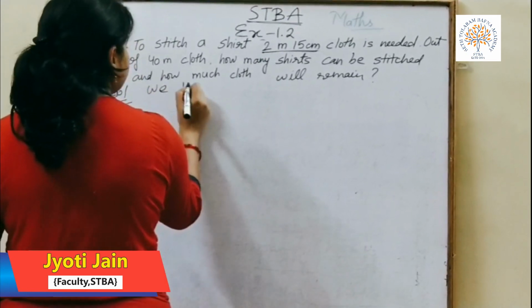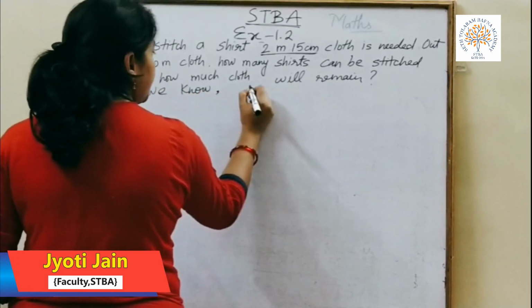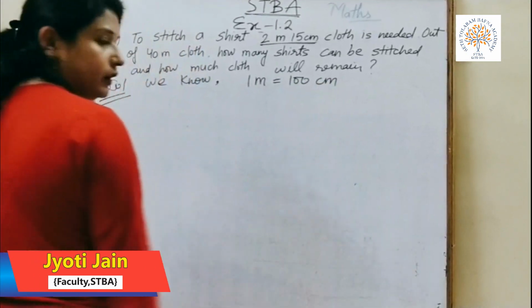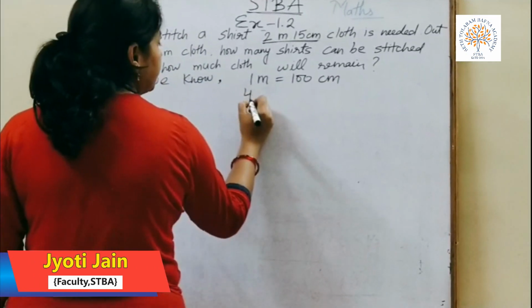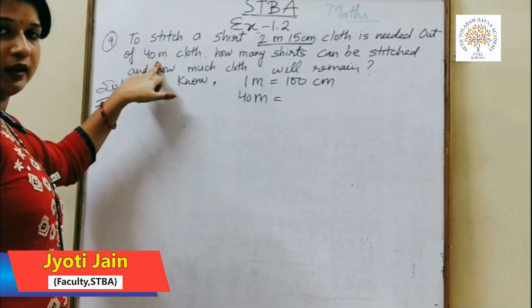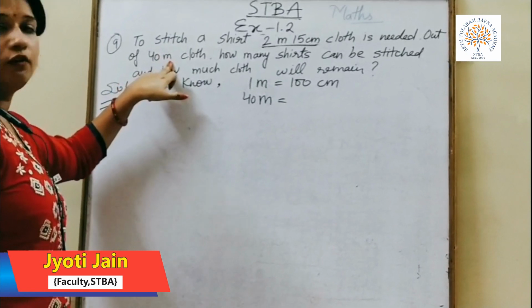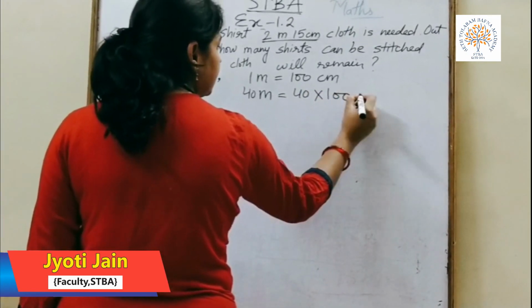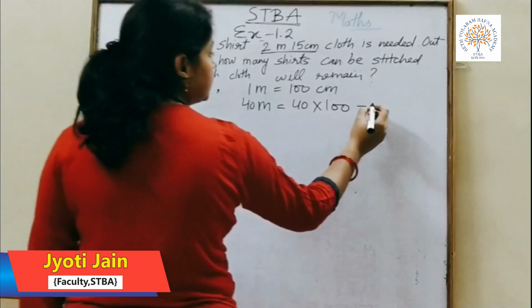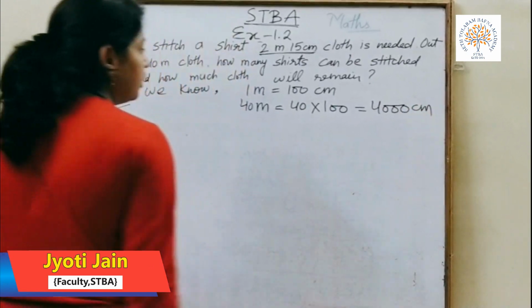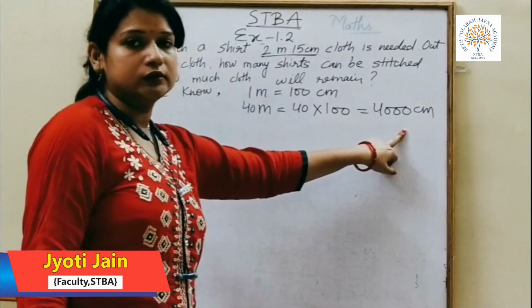We know that 1 meter is equal to 100 centimeter. In that case, 40 meter, which is the total cloth, okay, length of total cloth is 40 meter. So 40 meter will be 40 into 100, and when you do the calculation, you will find that this is 4000 centimeter. 40 meter is equal to 4000 centimeter.